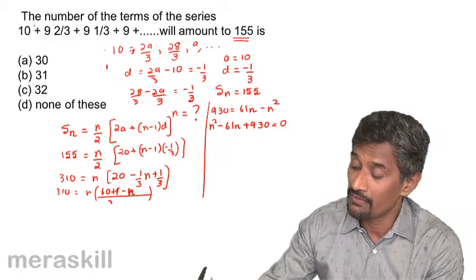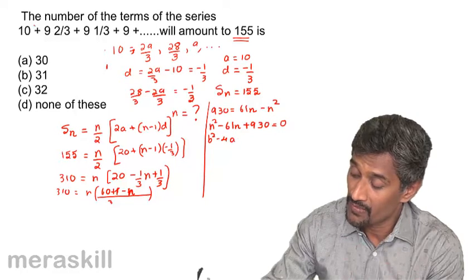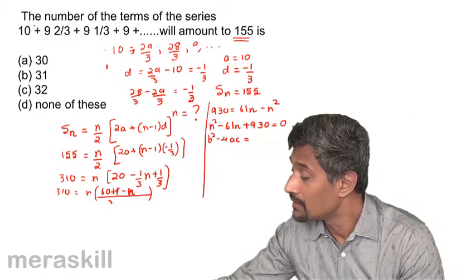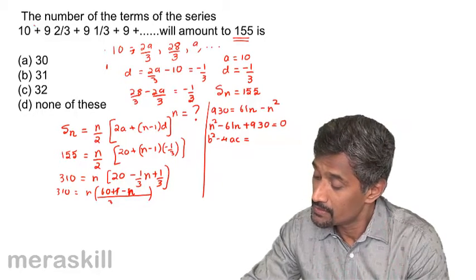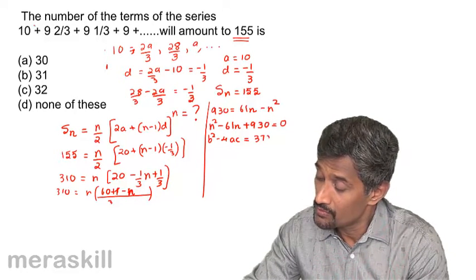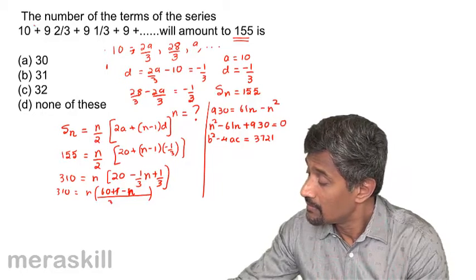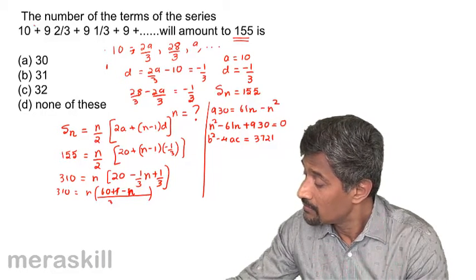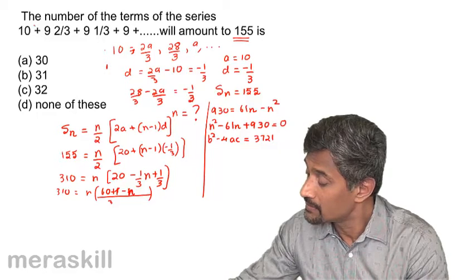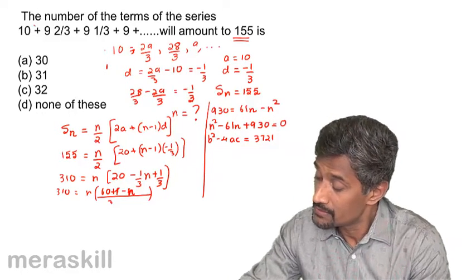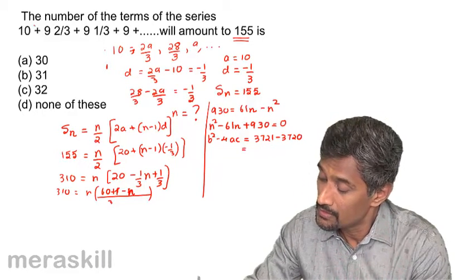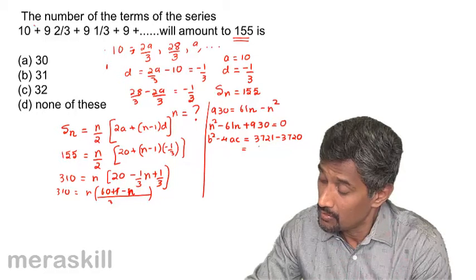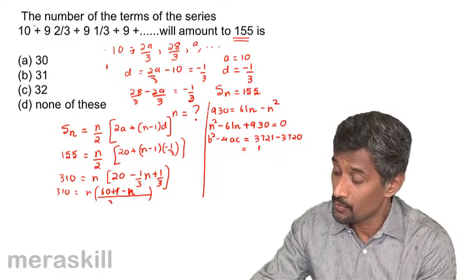So we can find b square minus 4ac, which will turn out to be 61 square, which is 3721, and 4 into 930, which is minus 3720. b square minus 4ac is 1.